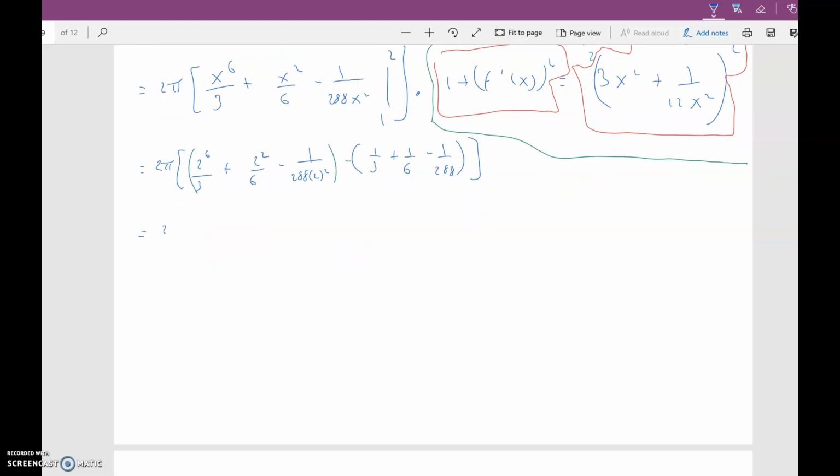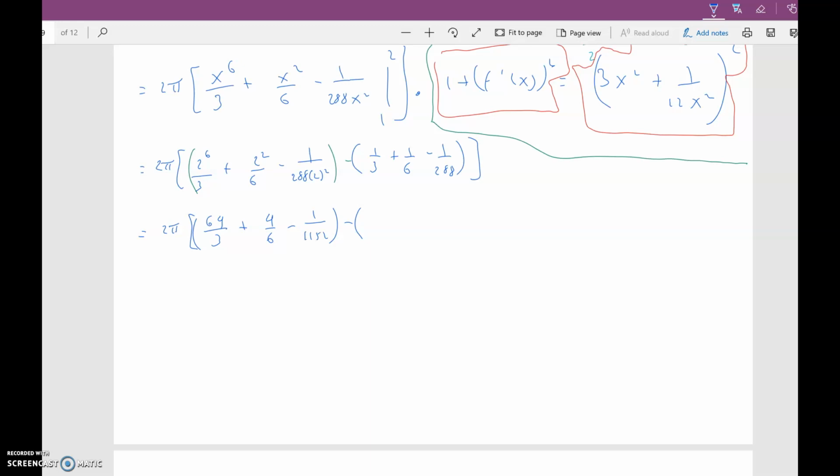So we're looking at 2 pi times, and then 2 to the 6, it's going to be 64 divided by 3 plus 4 sixths minus 288 technically times 4, it's going to be 1152. So minus 1 over 1152, that's for the first portion, minus, and let me see what would be best here.